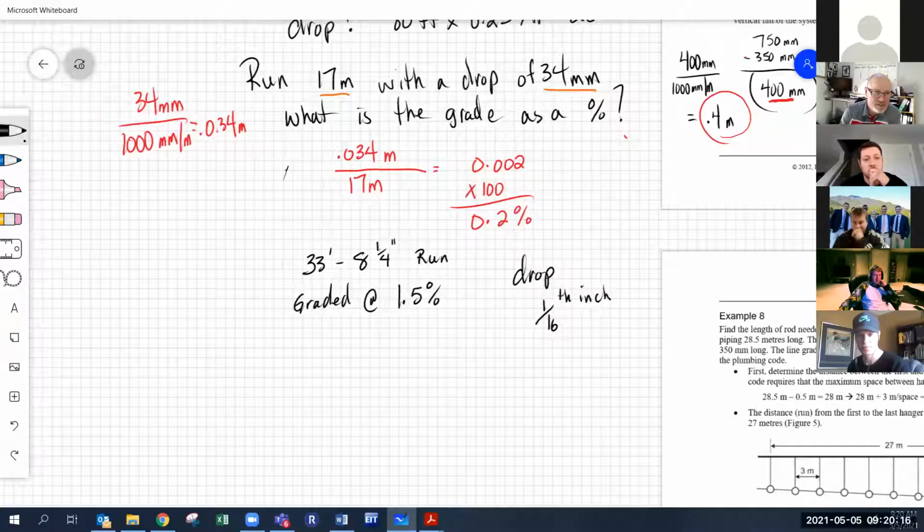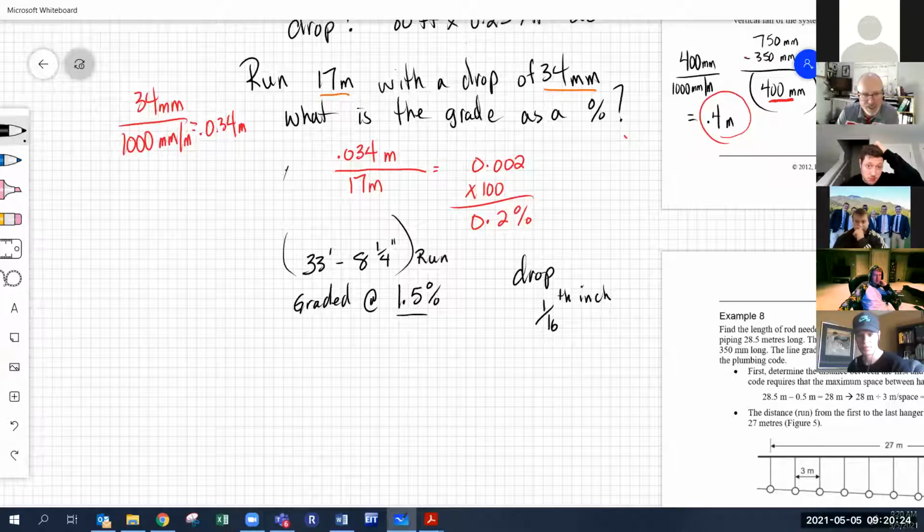So here is the issue with this question. This has two dissimilar increments of measure. And when we're dealing with a percentage and we have to multiply by a percentage, I cannot have two dissimilar increments of measure. So I'm going to convert everything to inches.